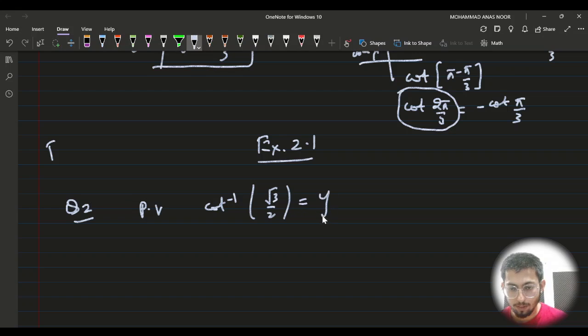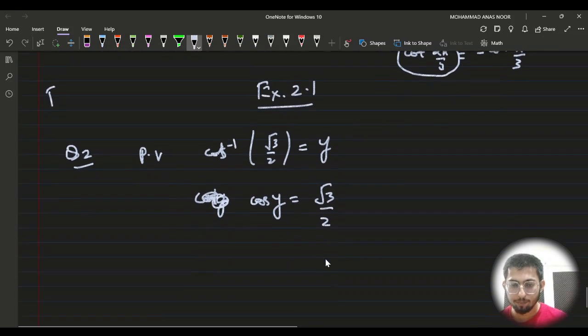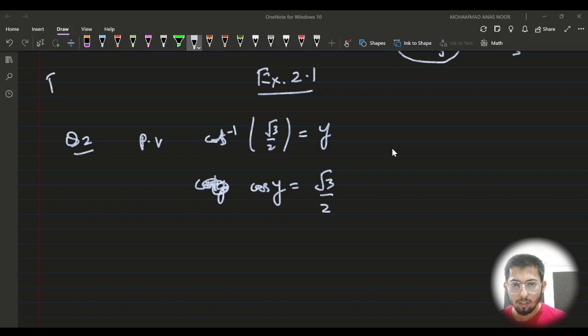Let's say it is y. So cos y, no, that is cosine. Cosine y is equal to root 3 by 2. Yeah. And then, is it negative? No, it is not negative.